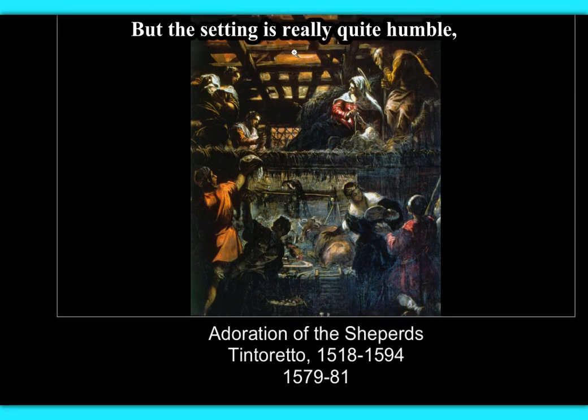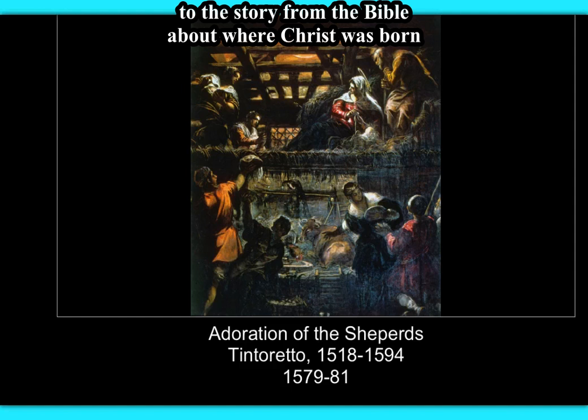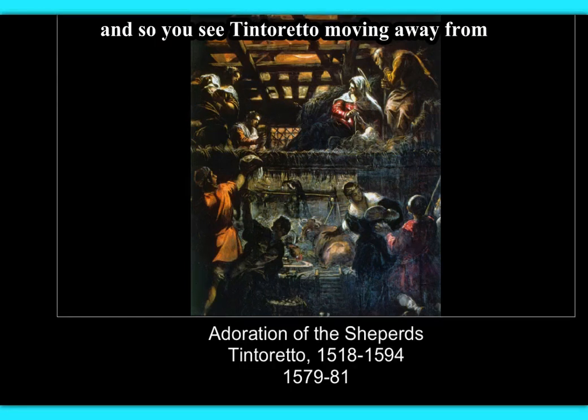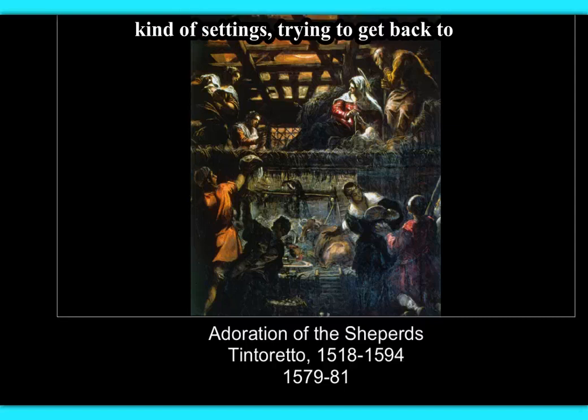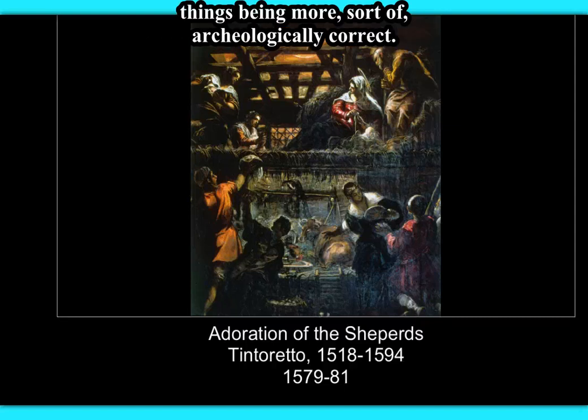But the setting is really quite humble, and of course it ties in more accurately to the story from the Bible about where Christ was born. And so you see Tintoretto moving away from these lavish, typical Renaissance kind of settings, trying to get back to things being more sort of archaeologically correct.